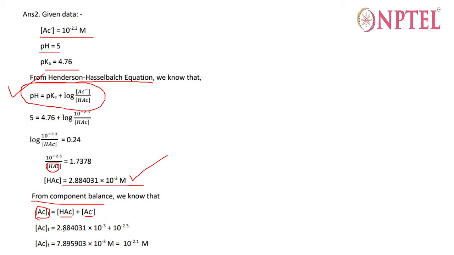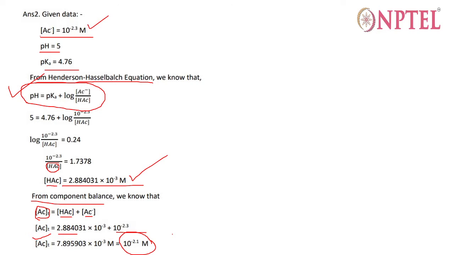So you know the concentration of HAc, just write it down, and I know from the given data the acetate ion concentration, so I am writing 10 to the power minus 2.3. So you will get the total acetate ion concentration in this solution, that is nothing but 10 to the power minus 2.1 molar, right? So I think it was an easy problem.